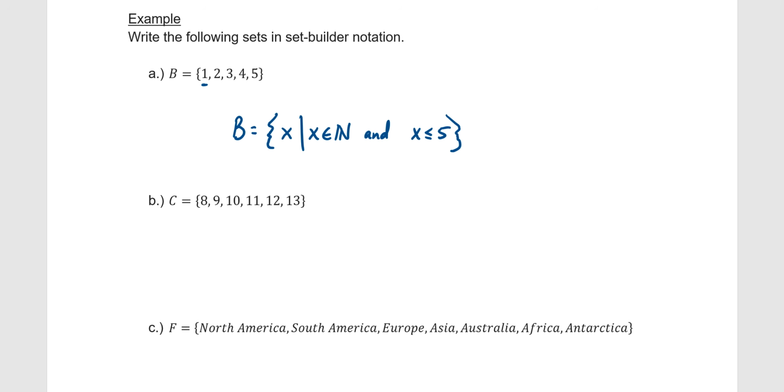If it's less than or equal to 5, that means it's equal to 5 and everything less than it going down to 1. Or what we could have written here is x less than 6. So it's not "or equal to" 6. If it's just less than 6, then that is 1, 2, 3, 4, and 5. So either one is completely acceptable.